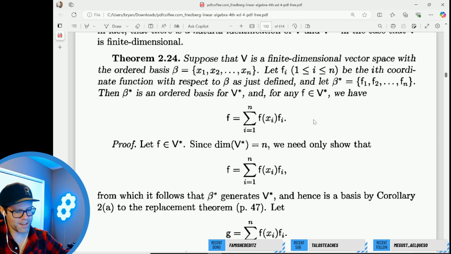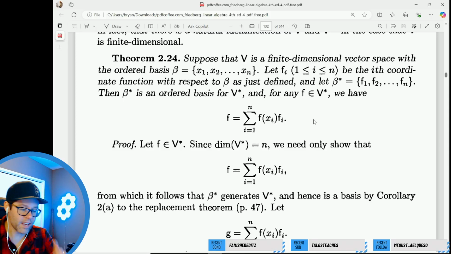Wait, whoa, this is crazy. Okay. And for any linear functional f in V star, it can be broken down into a sum, whoa, of f evaluated at x_i times f_i.